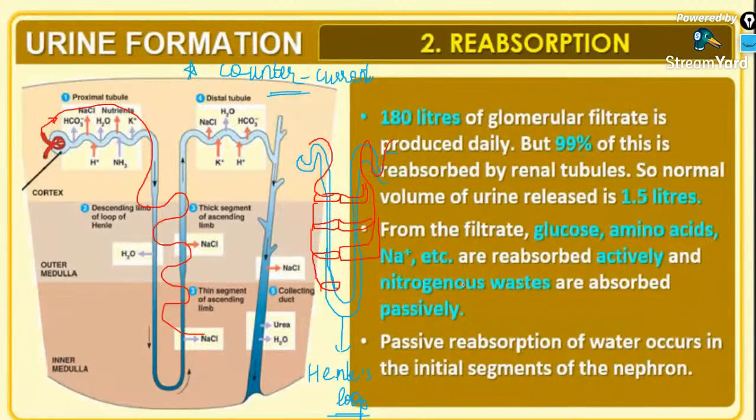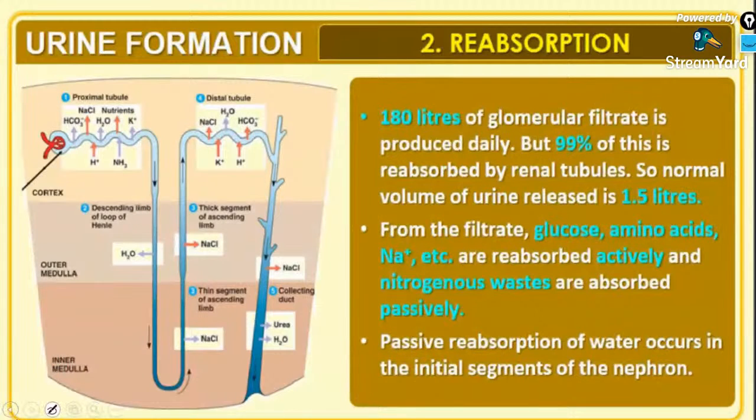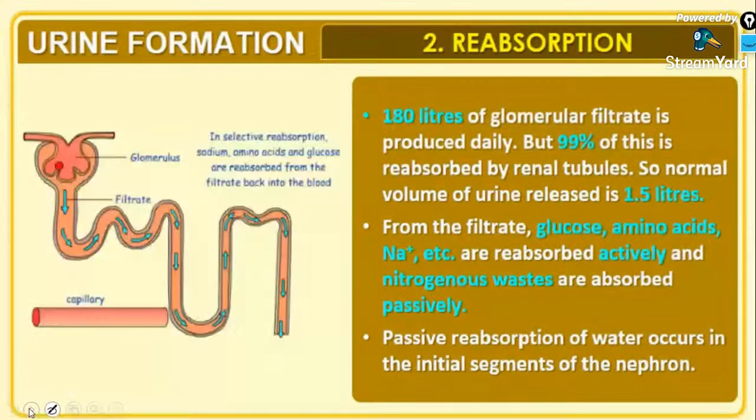The passive reabsorption takes place in the initial segments, and this blood capillary, I told you the term, is the peritubular capillary, or you will call it the vasa recta. This is what we studied in the last class, and we are going to study each thing in detail in the upcoming class, mainly in the evening session.